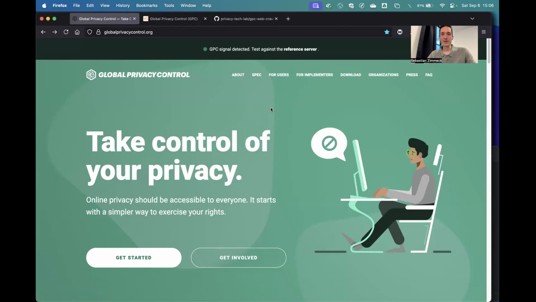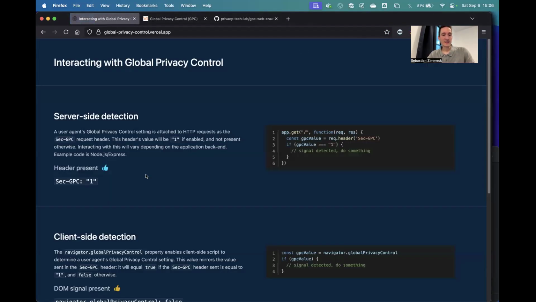That can be done through a DOM property, for example. There are various implementation examples. If we click here, we can see there is the server-side implementation, that's the Sec-GPC header, or the client-side DOM property that can be queried by a server and can detect whether a browser has enabled GPC or not.